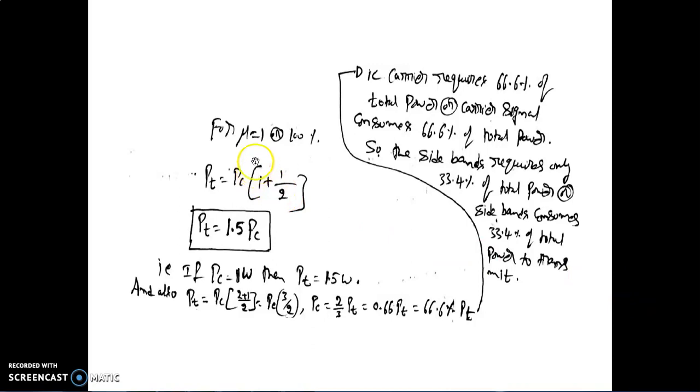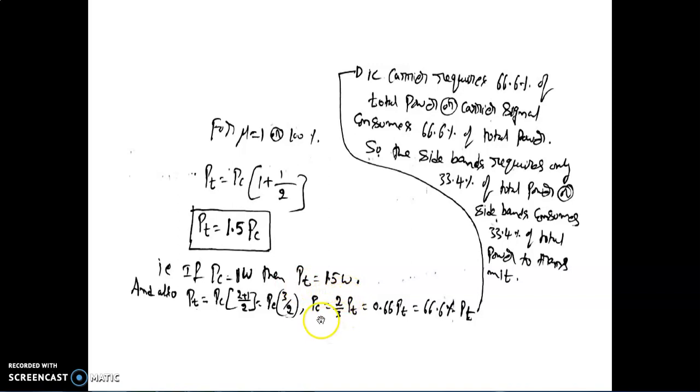If you consider mu is equal to 1, it is nothing but 100% modulation, then the total power is equal to 1.5 times the carrier power. For example, if 1 watt is consumed by the carrier, then the total power required to transmit the amplitude modulated wave is 1.5 watt.